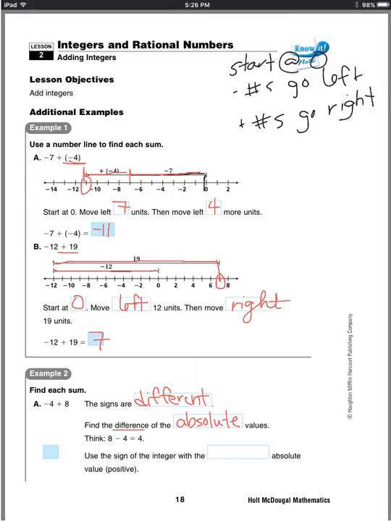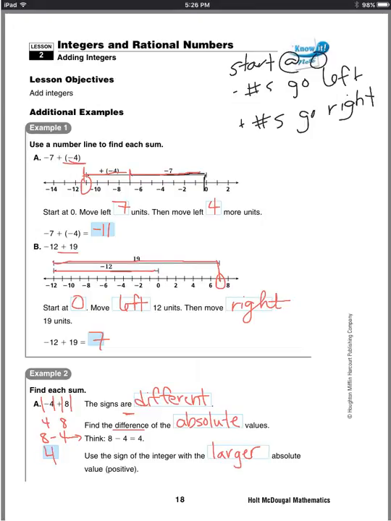Difference means subtraction, right? So the absolute value of -4 is 4. The absolute value of 8 is 8. And when we subtract, we always do the bigger minus the smaller, right? Just like on the think part. Use the sign of the integer with the larger absolute value. Okay? So 8 minus 4 is 4.